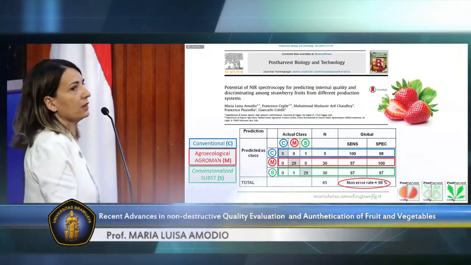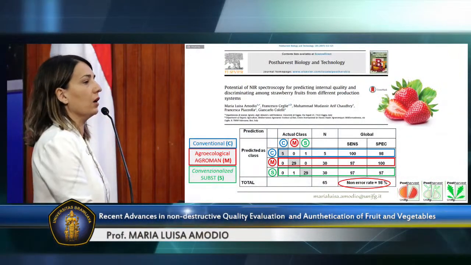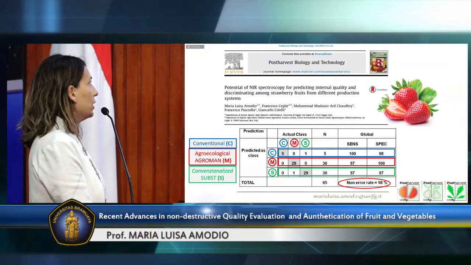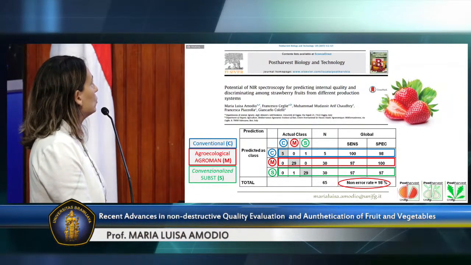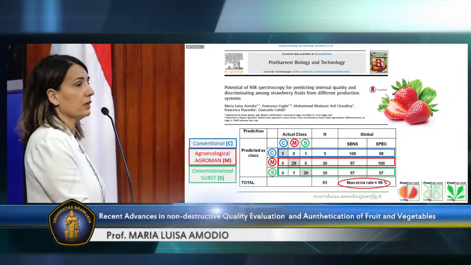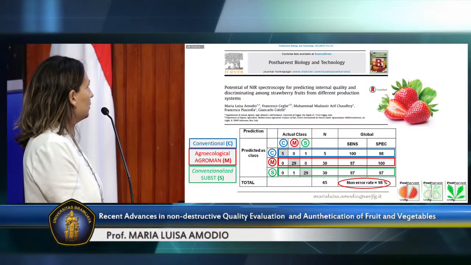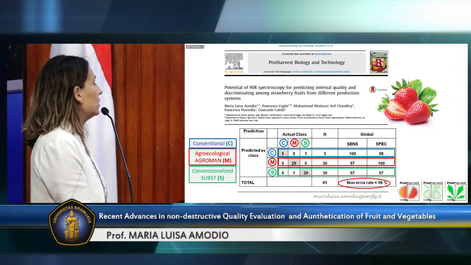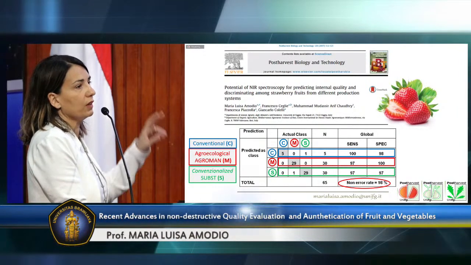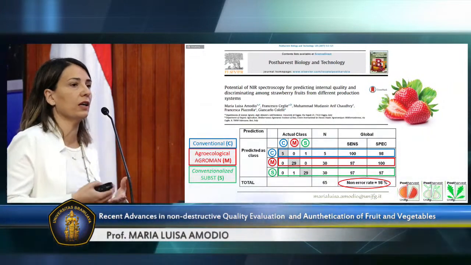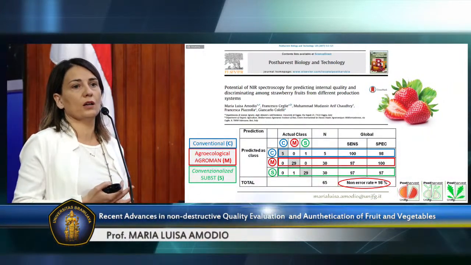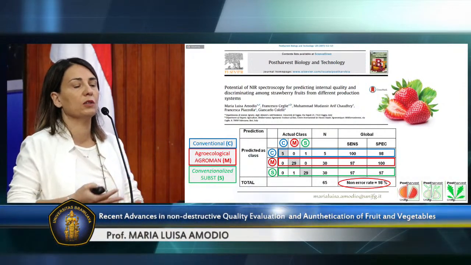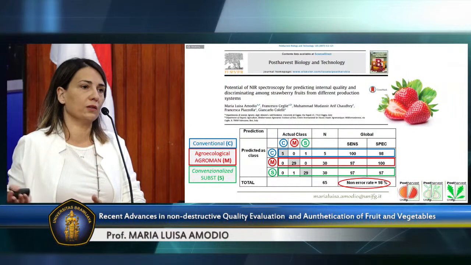And this is an interesting work where we discriminated 3 cultural practices, 1 conventional and 2 organic. The organics differed because in the conventionalized one, it was a conventional organic system where the grower just substitutes a chemical fertilizer with an allowed one.